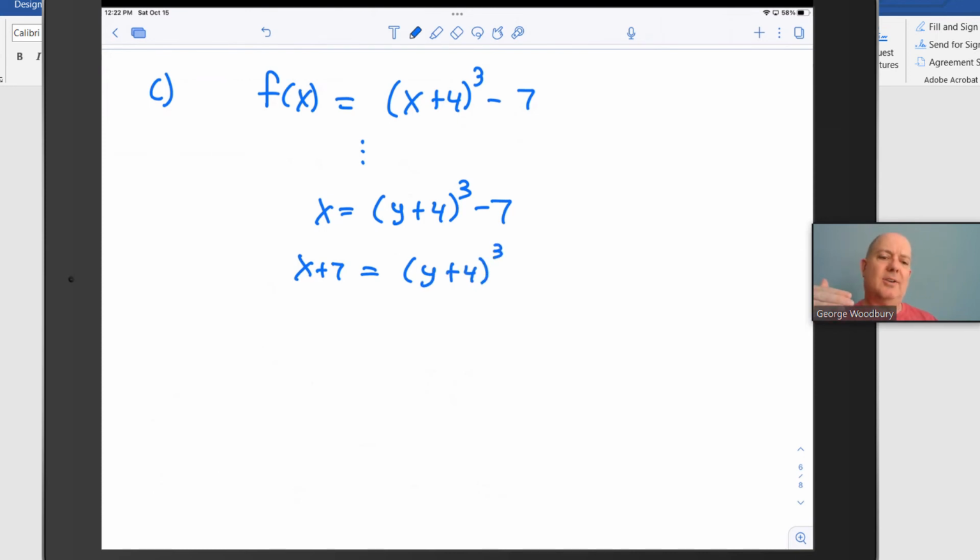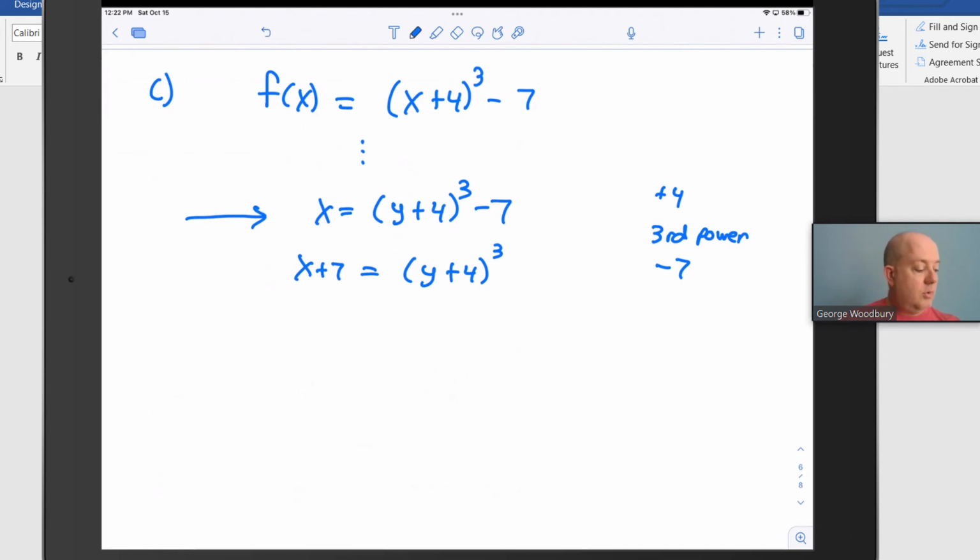And if you're not sure about how to solve this, think about this equation here. If we were going to plug in a number for y, we would have added 4, then we would have used the third power, and then we would have subtracted 7.